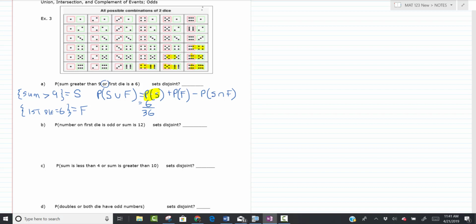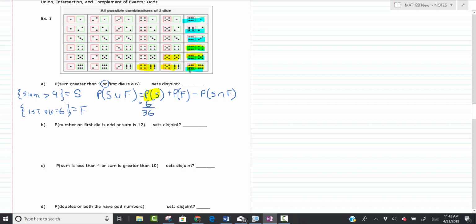Now, I'm going to go to the next thing and try to figure that out. Again, I'm going to use a highlighter because that'll help you identify where these intersections are. So now we're looking at the first die is a 6. Well, that would mean these outcomes right here, this, this, and this, and this, and this, and this.